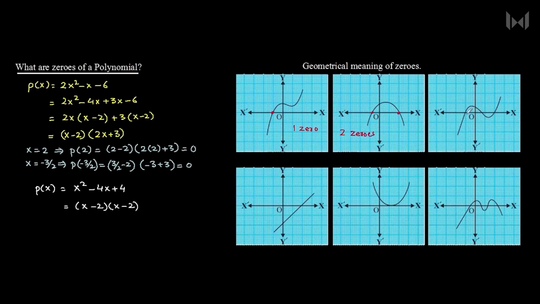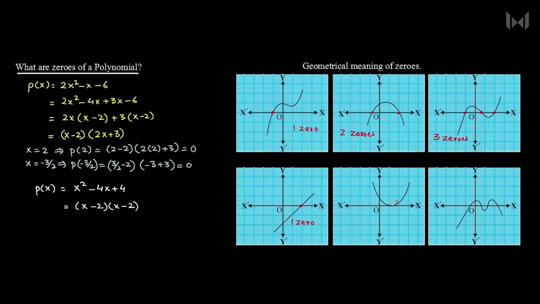In the third case, the curve intersects the x-axis at 3 points, so it must be a cubic polynomial and it has 3 zeros. In the fourth case, it intersects at only 1 point, so it has 1 zero. Remember, we have to look only at the x-axis, not the y-axis.